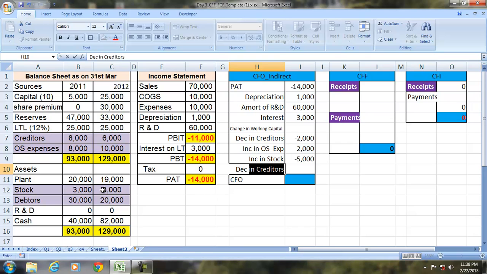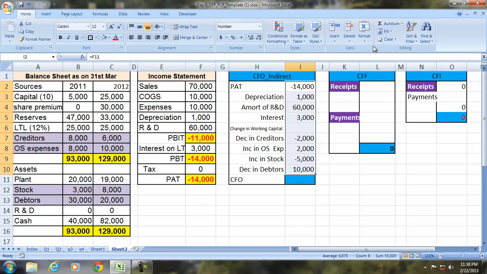Decrease in debtors means we have collected money, so 30,000 minus 20,000 is plus 10,000. The summation of all these items will give us the cash from operations. So cash from operation in this case is 55,000.